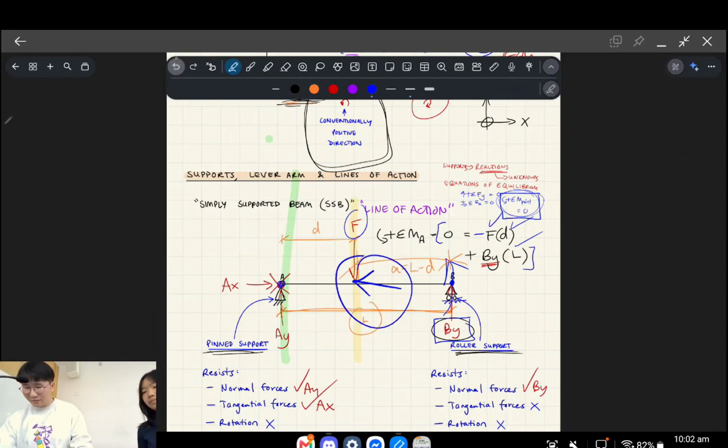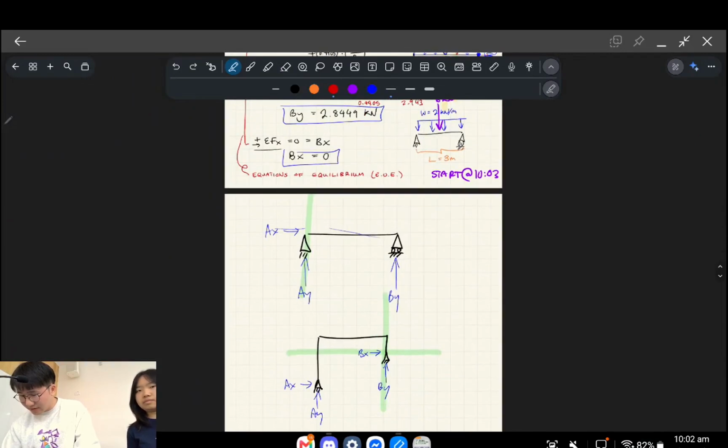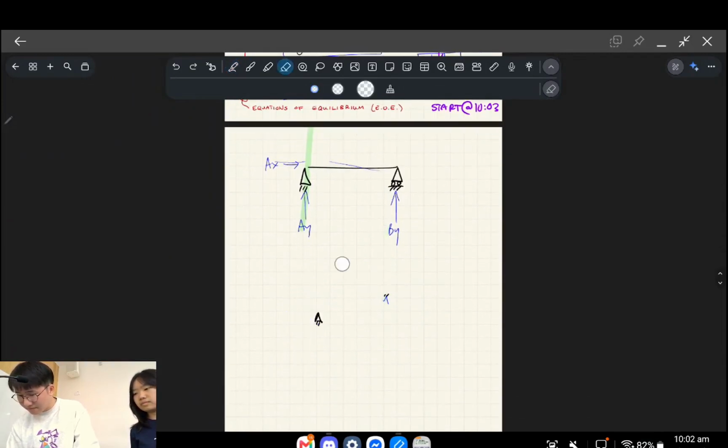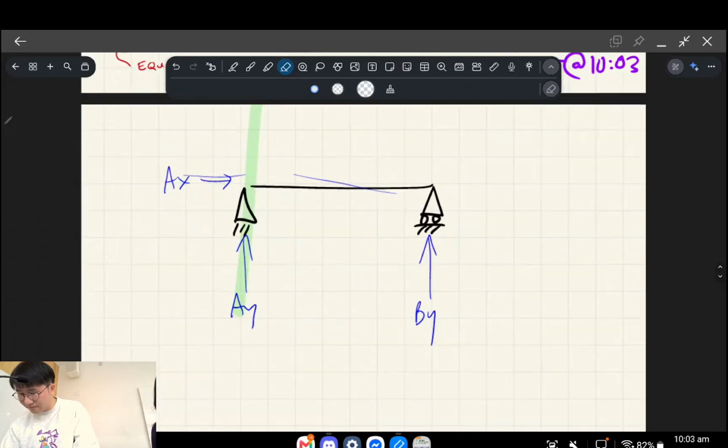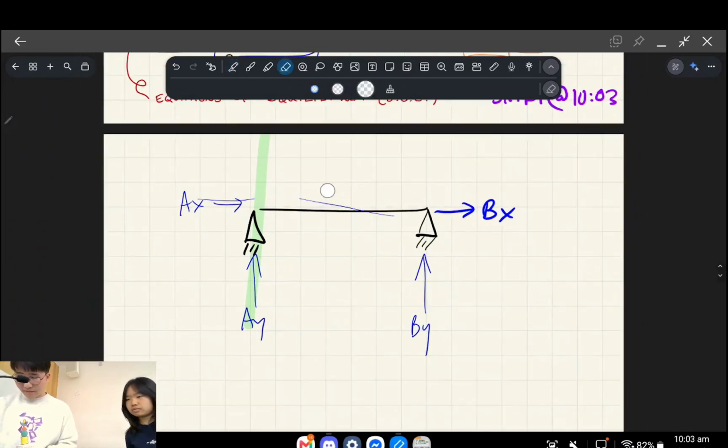The reason why it's called a simply supported beam is because, in contrast, if you have something like this, where's the pin? This is completely solvable if we only consider vertical forces.